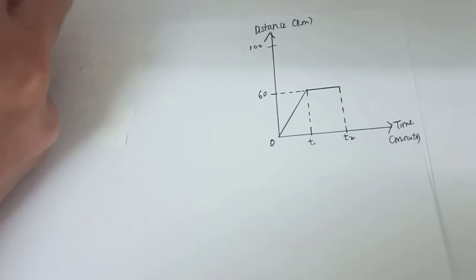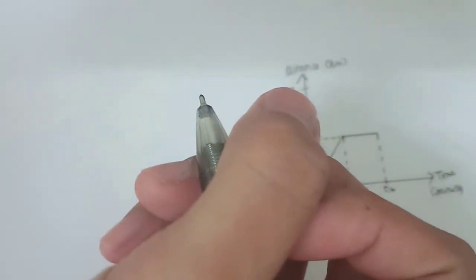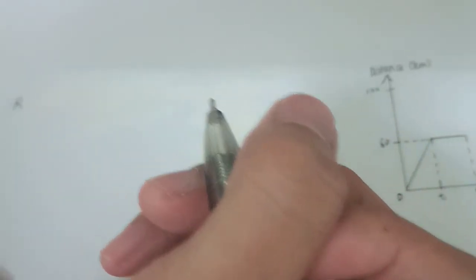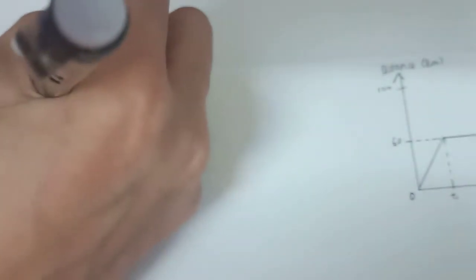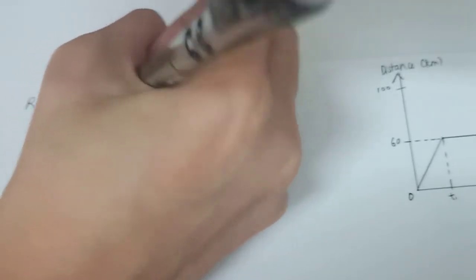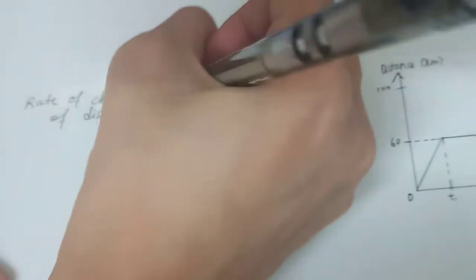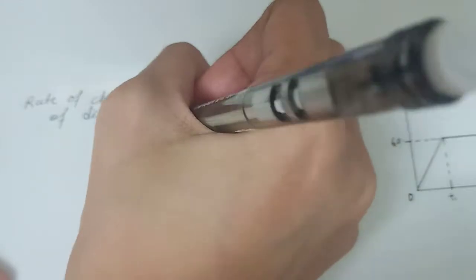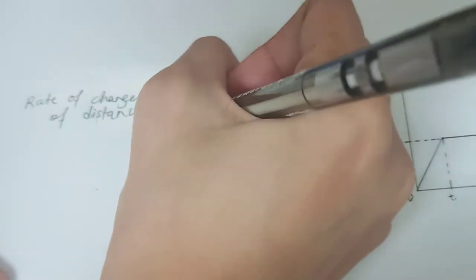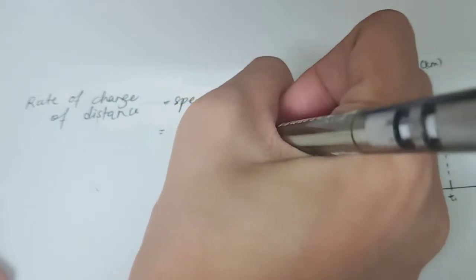Firstly, the rate of change of distance is equal to speed, and speed is equal to distance over time.